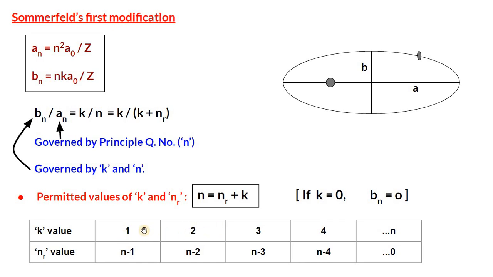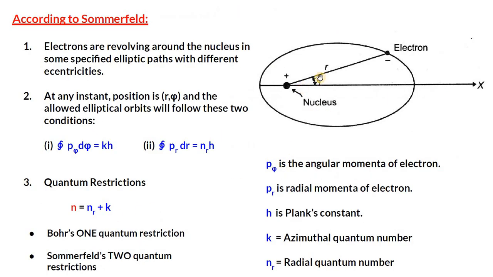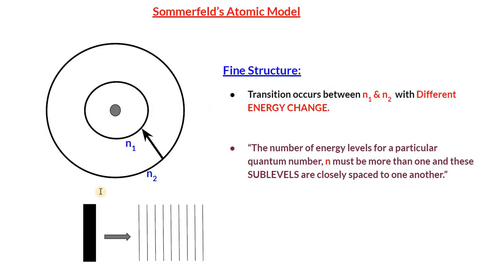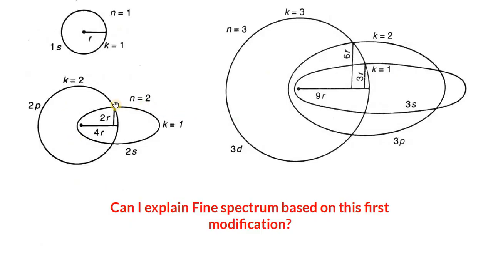If k is 1, there is some radial part present, that means the radial angle will be present, so that will be an elliptical orbit. So n equals 2, k equals 2 is a circular orbit, and n equals 2, k equals 1 will be an elliptical orbit.